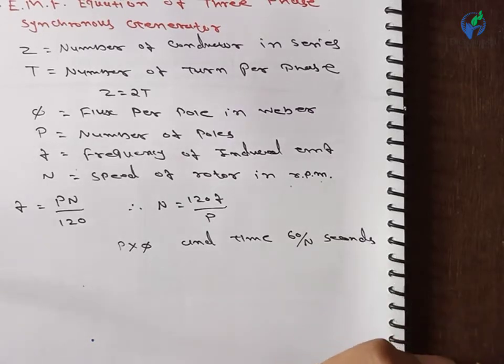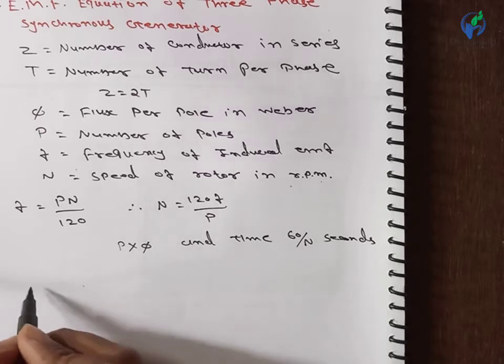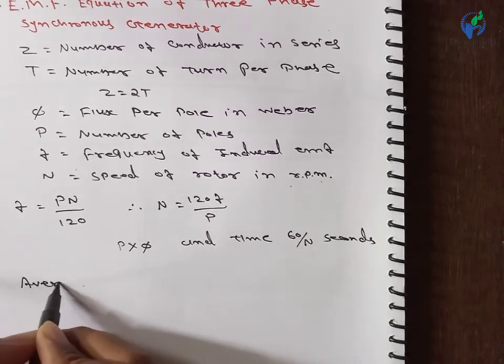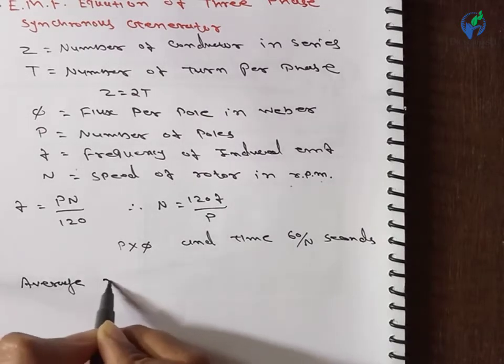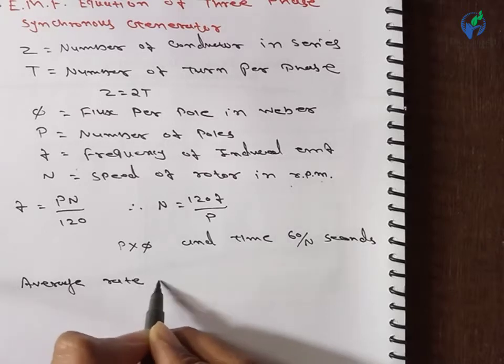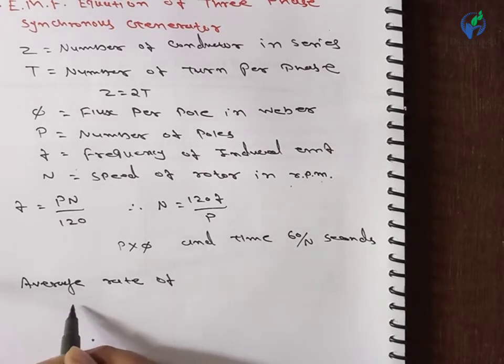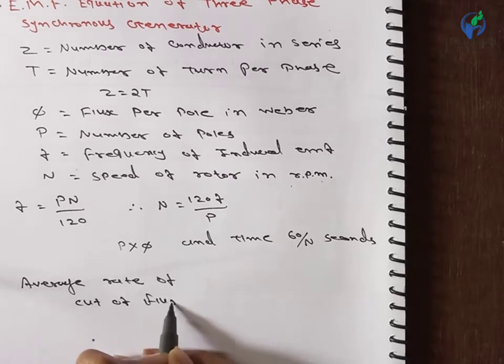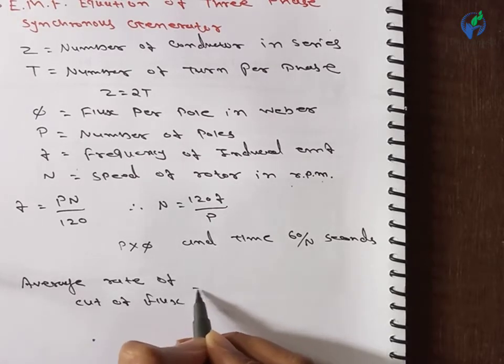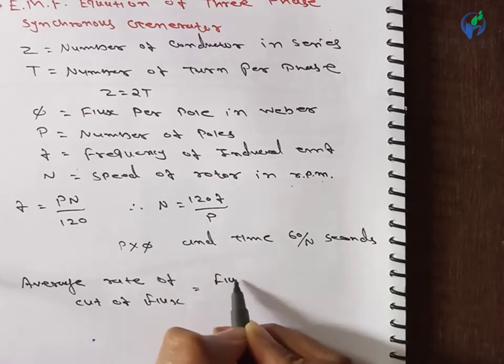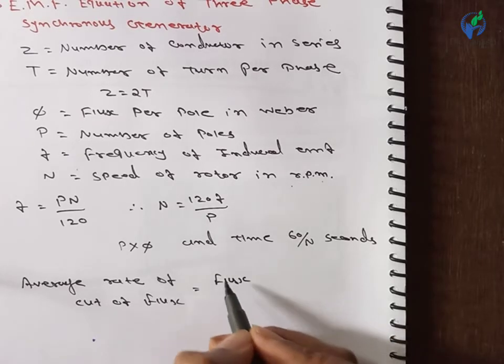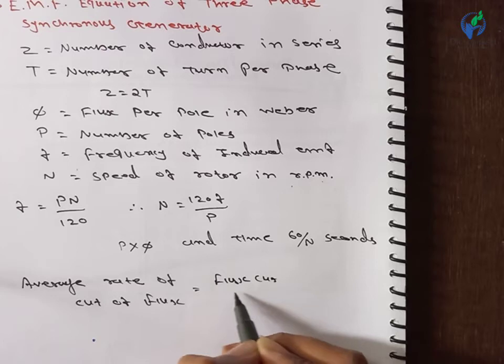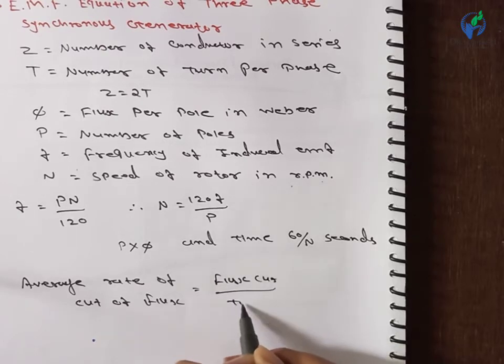So the average rate of cut of flux is equal to flux cut upon time.